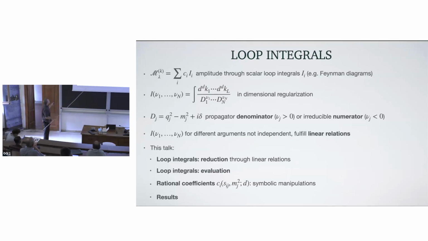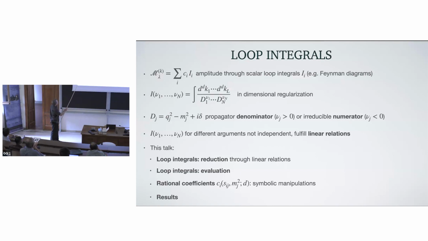So once you are at the level of loop integrals, you can put everything on the computer by writing down a complete set of propagators and then index your integrals in this way. So in this way, you can express any scalar loop integral.